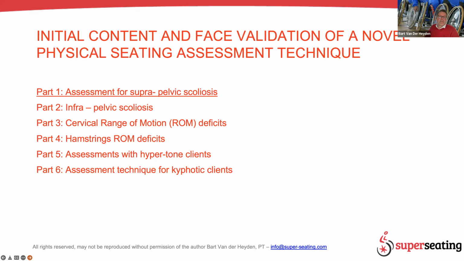So the first part is assessment for suprapelvic scoliosis. There are also seating techniques that I developed for infrapelvic scoliosis, so hip range of motion deficits, cervical range of motion deficits, hamstrings, and hypertone client assessments, and even clients with a kyphotic posture. But we have to start somewhere. I think it's already quite ambitious to do this.